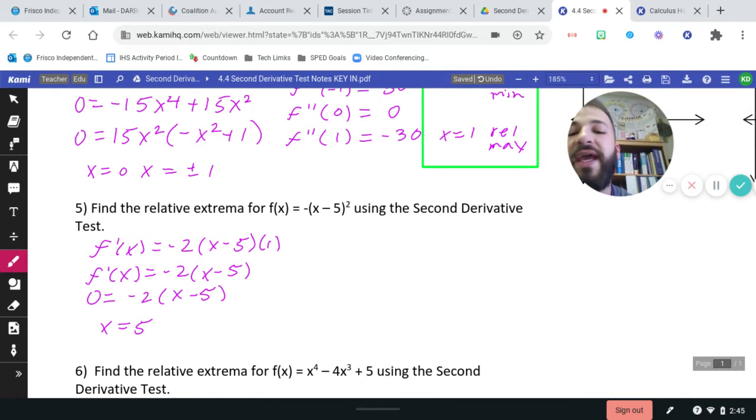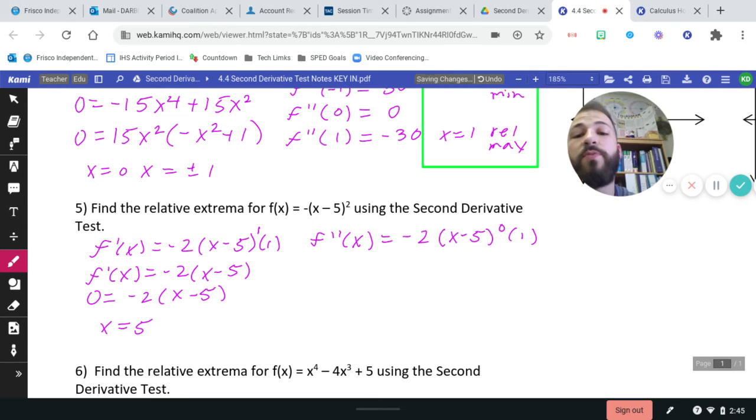Okay, take our derivative again, f double prime of x equals negative 2 would stay negative 2. This becomes x minus 5 to the 0 power, because this was a 1, this is now a 0. And then I multiply by the derivative of the inside, which is 1.